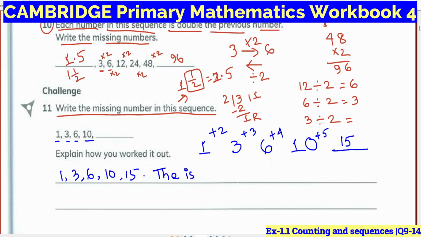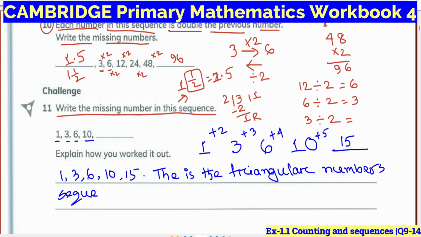Triangular number sequence, right? What does it mean? It means adding plus 1 each time.